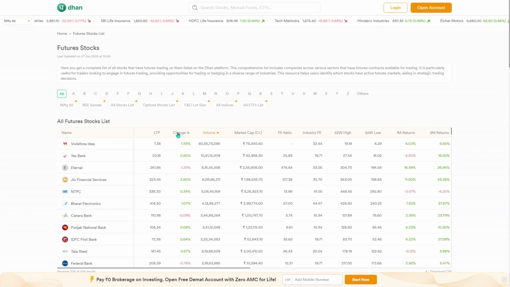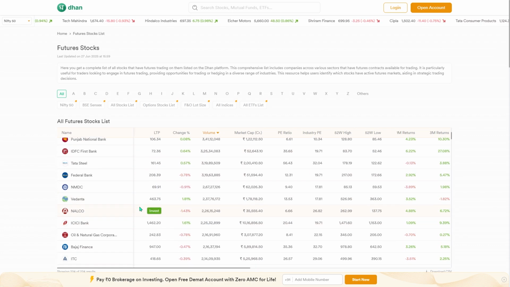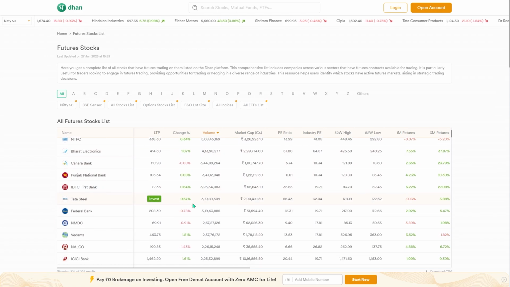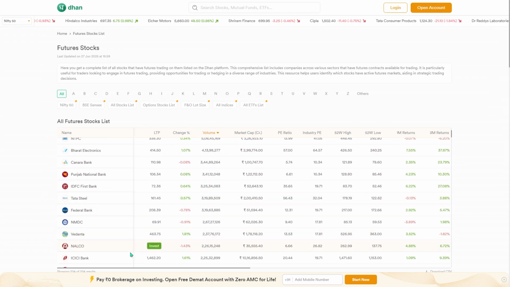I will list you the stocks. It's mostly Nifty 50 to Nifty Next 50. These stocks are good. In this list, we can see Vodafone Idea, Yes Bank, Canara Bank, all these stocks which are under 300, we can ignore. We will focus on some random stock like Vedanta.